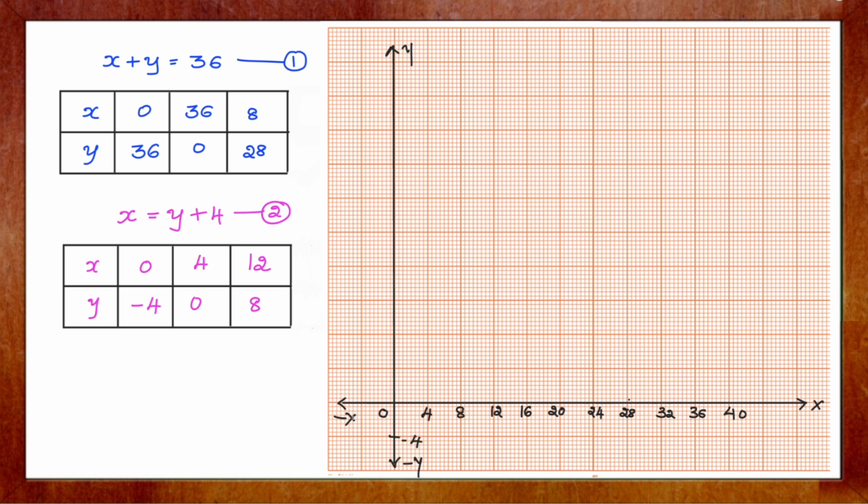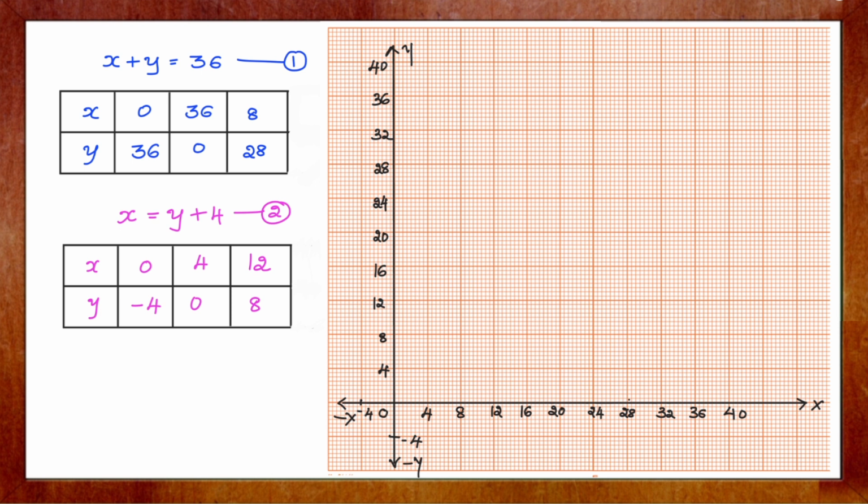This is minus 4 in the negative x: 4, 8, 12, 16, 20, 24, 28, 32, 36 and 40.